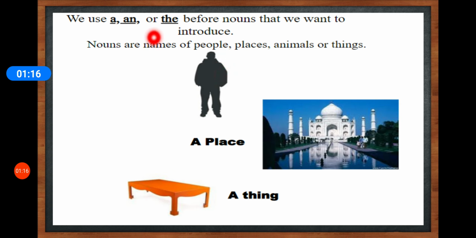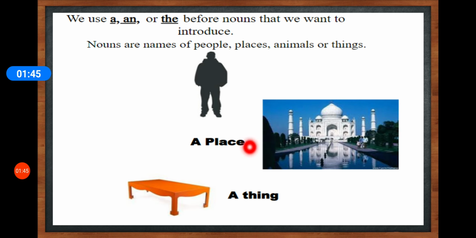So, they are used before the nouns that we want to introduce. What are nouns? Nouns are names of people, places, animals and things. We can see a person, place, a thing. So these are nouns.